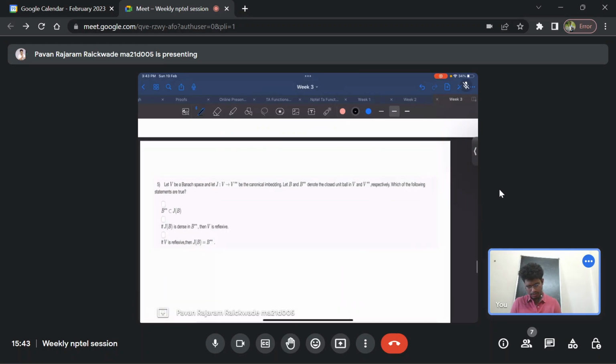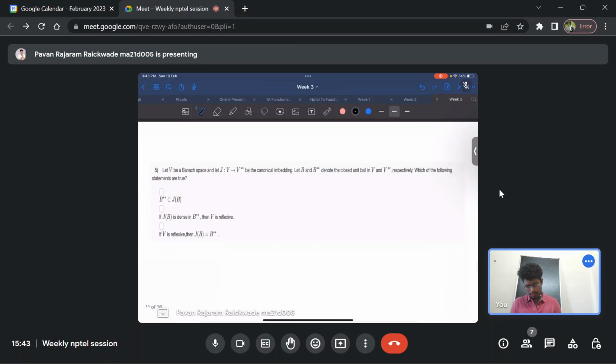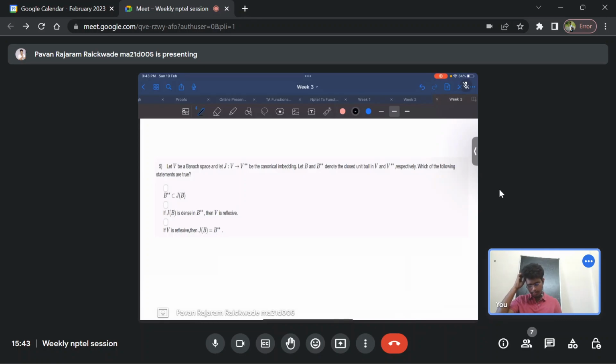We will go to question number 5. Let V be a Banach space and J the canonical embedding from V to V star star. Let B and B star star denote the closed unit balls in V and V star star respectively. Which of the following statements are true?